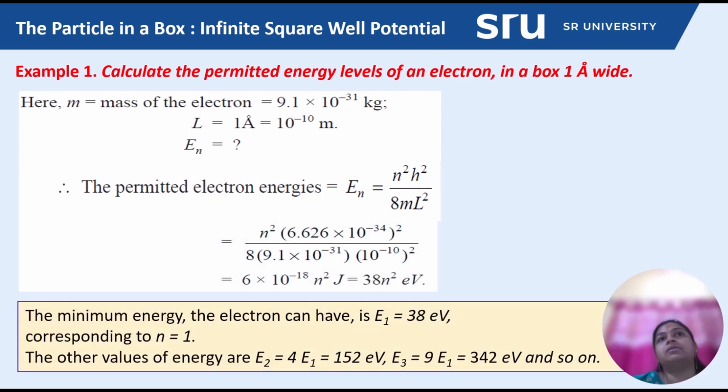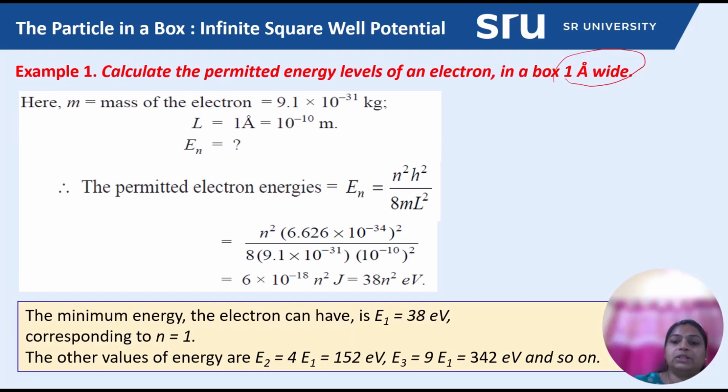And now let us see, for a particle in a one dimensional box, how we can find out the probability of finding the particle within an interval in this box.